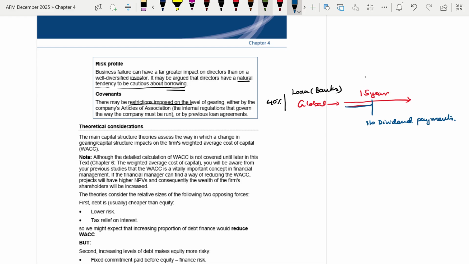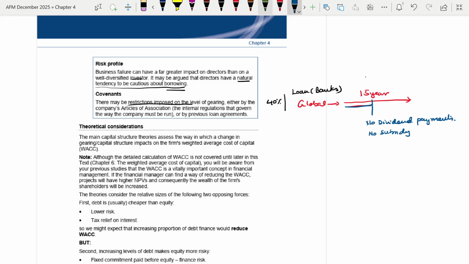No dividend payment, as simple as that. No subsidies. These are the conditions they will impose on the companies. They are called covenants.